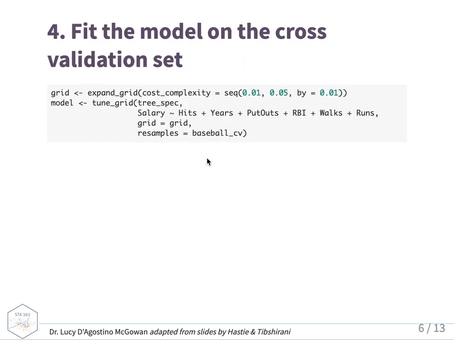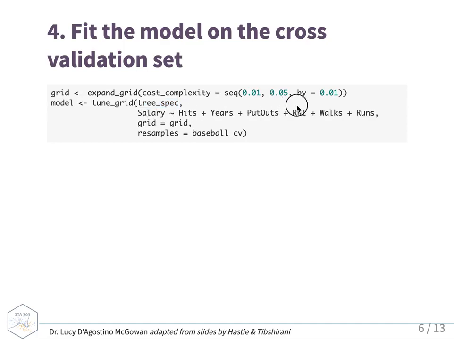Okay, so now I need to fit the model on the cross-validation set. This should look pretty familiar as what we've been doing so far when tuning parameters. First I'm going to create a grid using the cost complexity variable, basically the thing that I'm tuning on. Then I'm going to use the tune grid function and specify the model specification that I just wrote out.